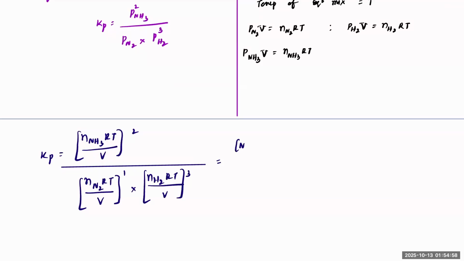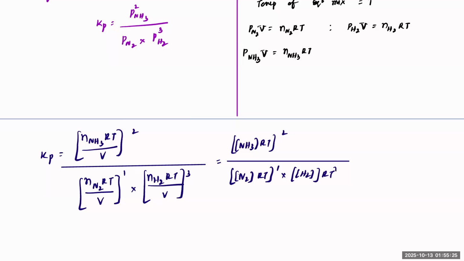So we can write this as concentration of ammonia times RT, whole raised to the power of 2, divided by N2 concentration times RT to the power of 1, into concentration of H2 times RT, whole raised to the power of 3.